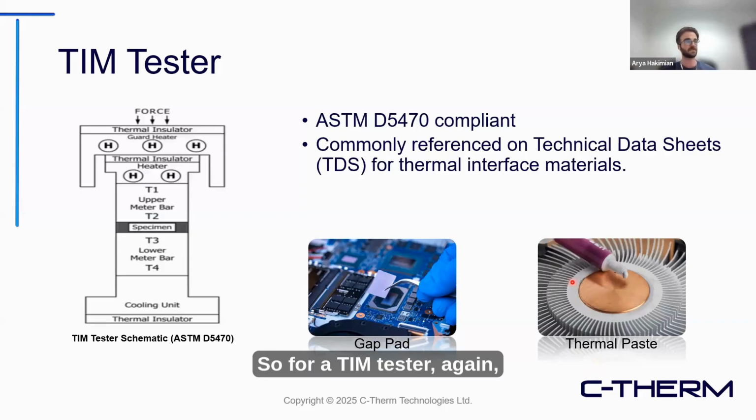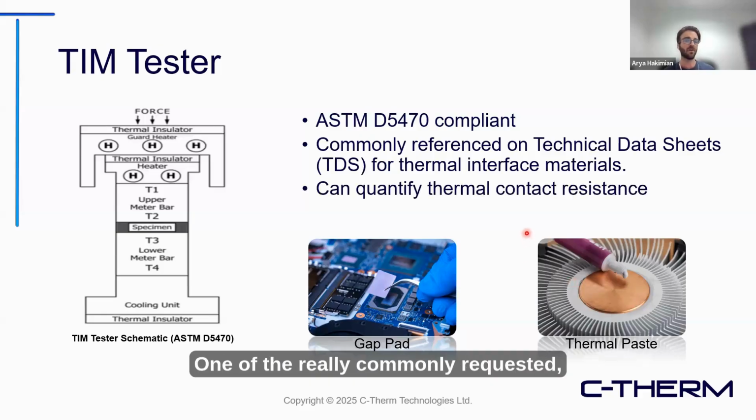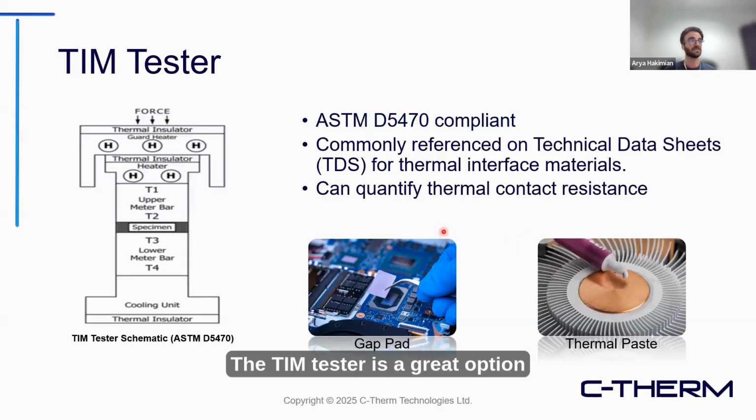So for a TIM tester, some really nice advantages there, specifically with that standard. One of the really commonly requested additional properties for measurement is thermal contact resistance. The TIM tester is a great option in measuring that.